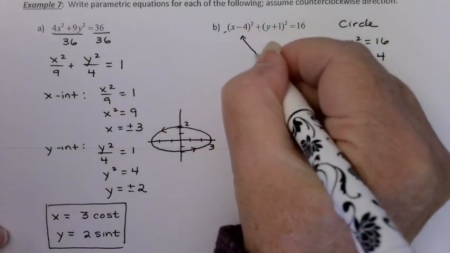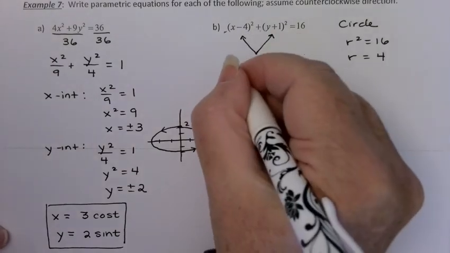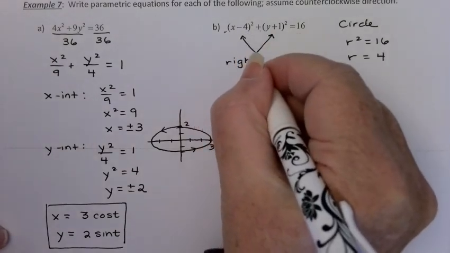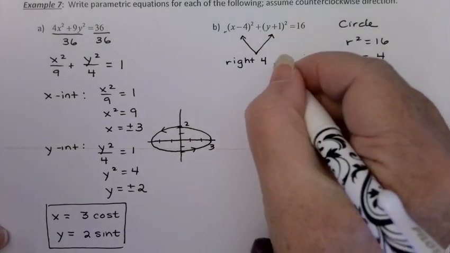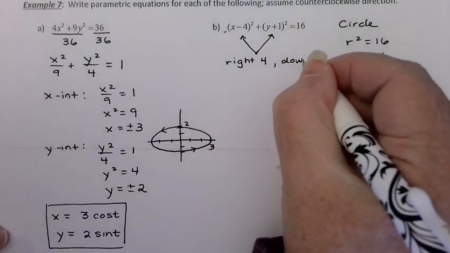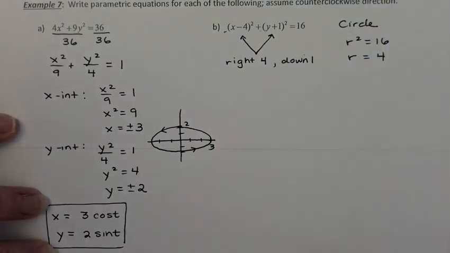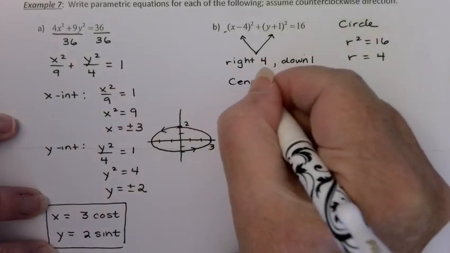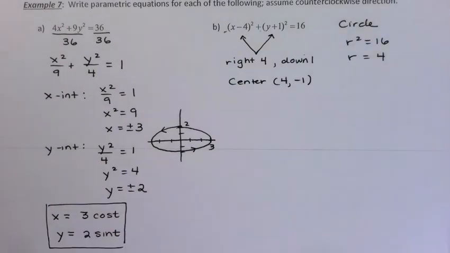And then I'm looking here at the shifts. This has been shifted to the right 4, and then also down 1. Remember that when they're within the equation, you always have to take the opposite signs. So that means that my new center is at (4, -1).